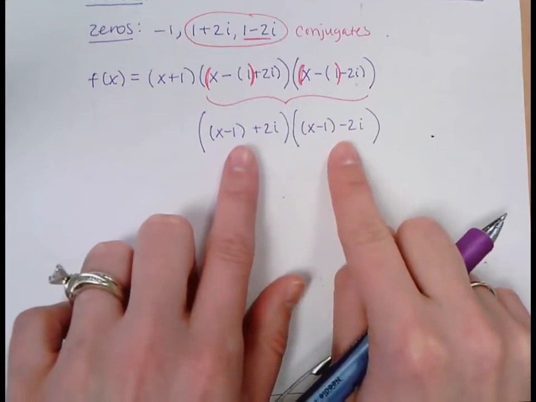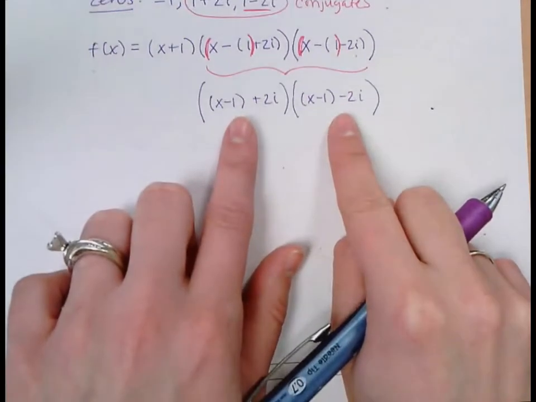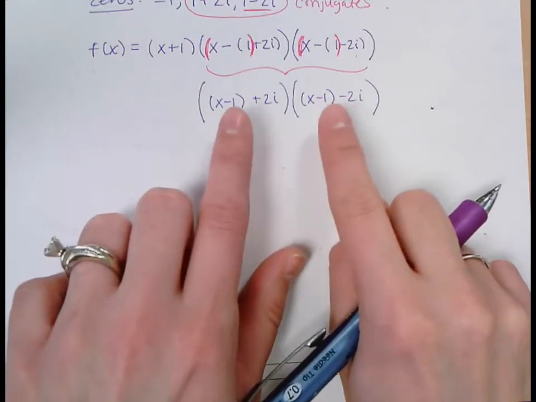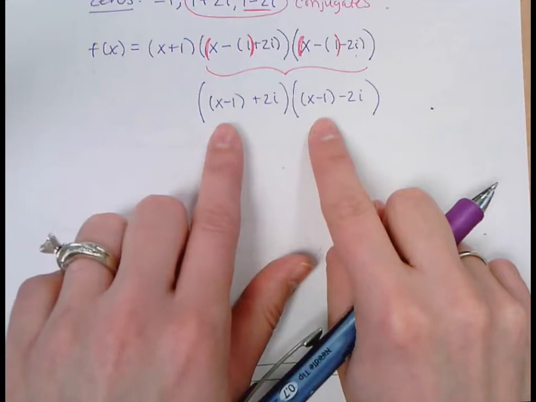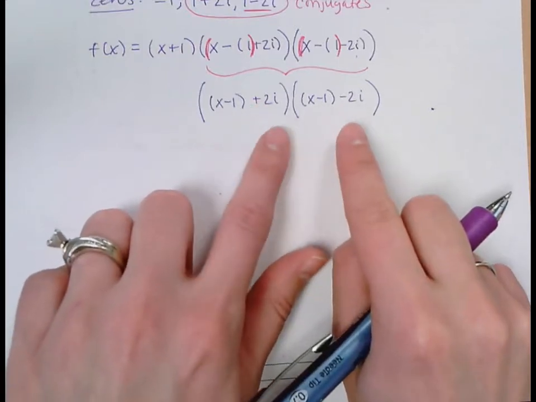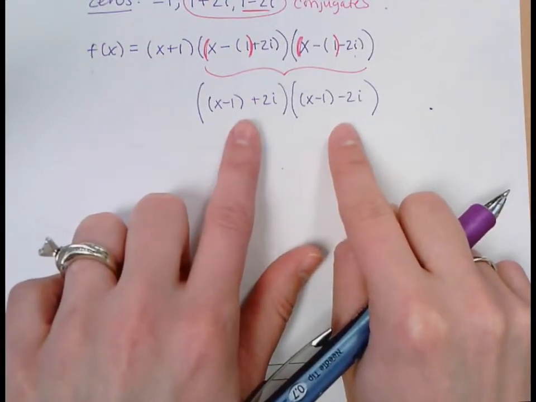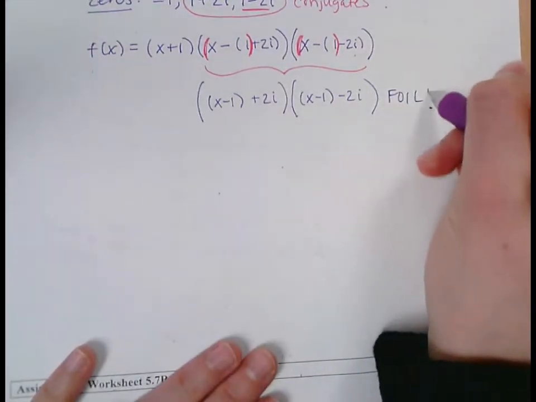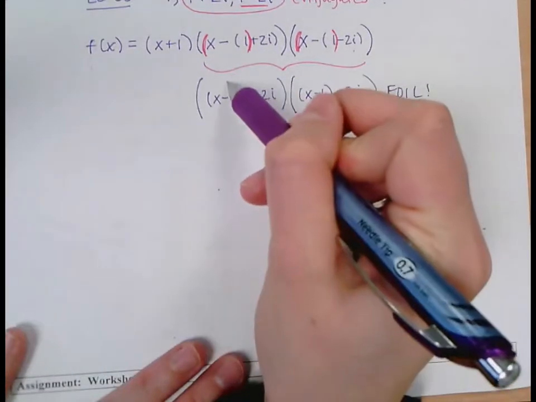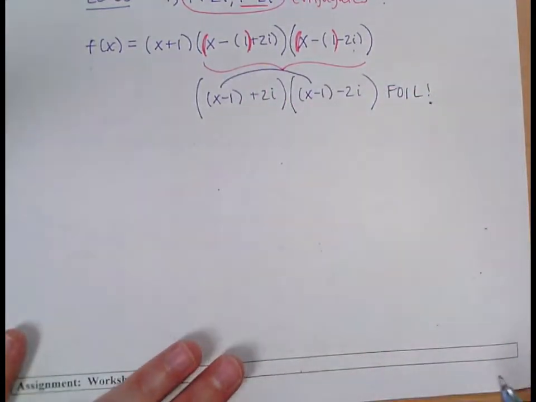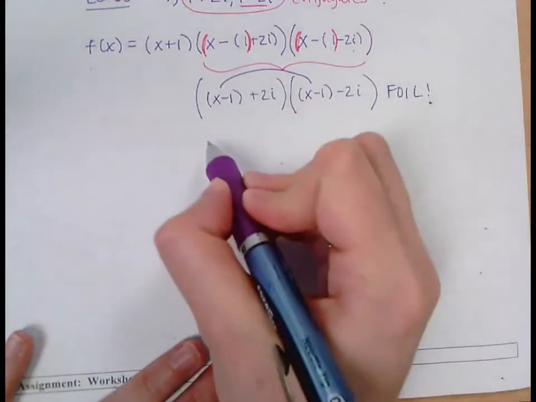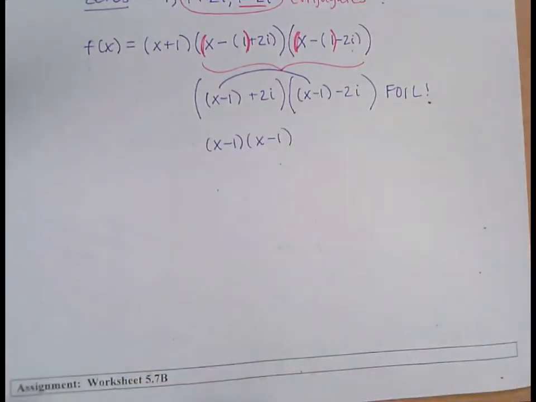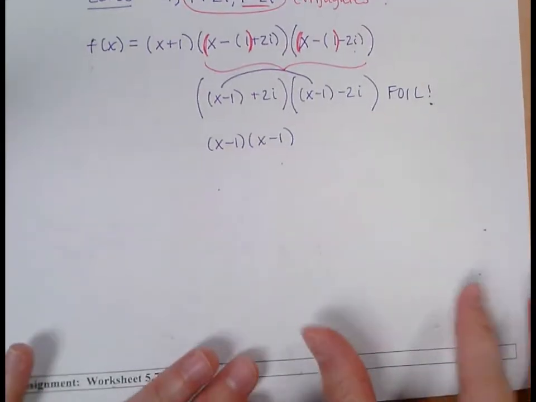Notice now, because I regrouped it, these are now conjugates. The x minus 1s are the same, that's like our a, and then I have plus 2i and minus 2i. These are conjugates. That means when I multiply these using FOIL, I would multiply the first terms together, which are both x minus 1. So that would be x minus 1 times itself, and I'm going to have to FOIL that in a minute.